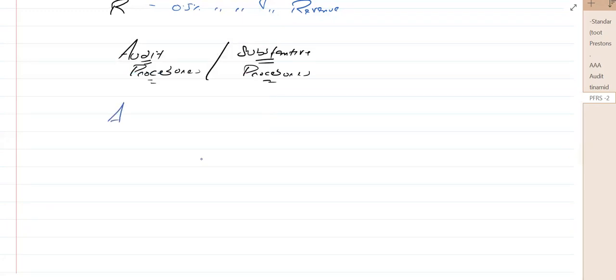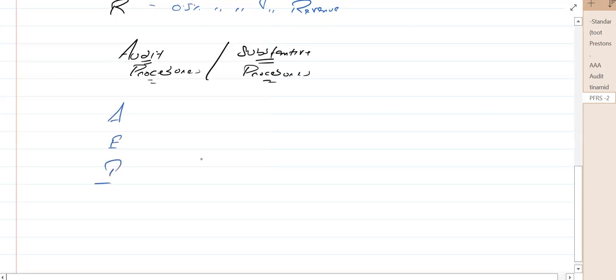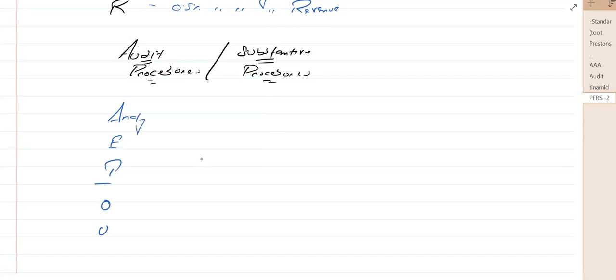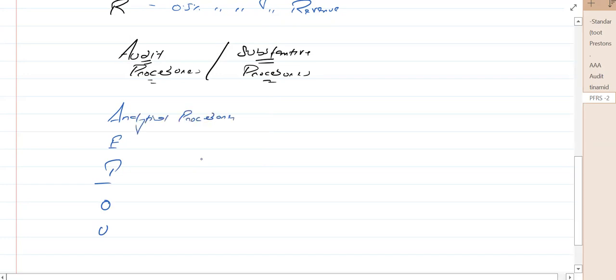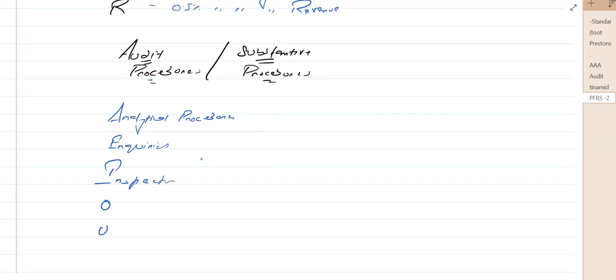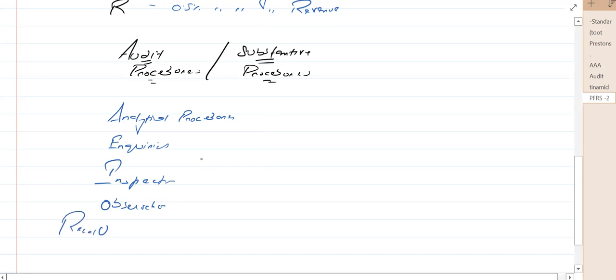You may take help with this AEIOU thing: analytical procedures, that means comparisons, and inquiries from the relevant personnel, and inspection of documents and physical inspections, observations of the processes and procedures. And then we have recalculations.